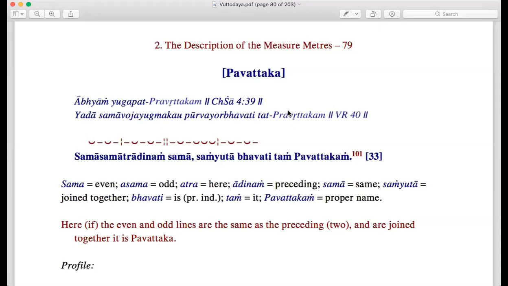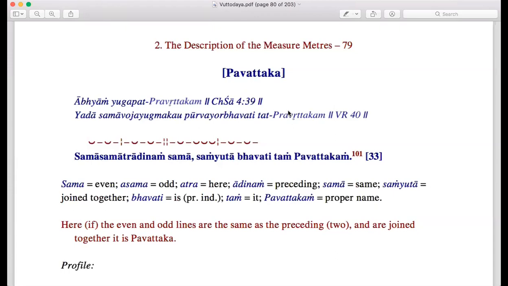Being equal doesn't mean the sama line and visama line are the same. They are different, but they become as same as they were in the previous verses.